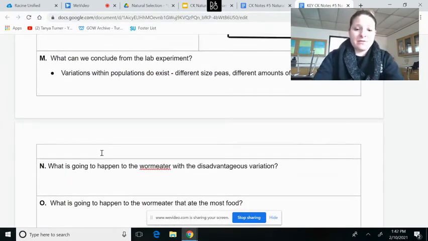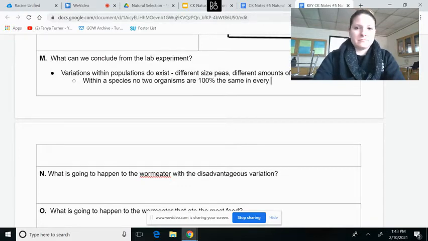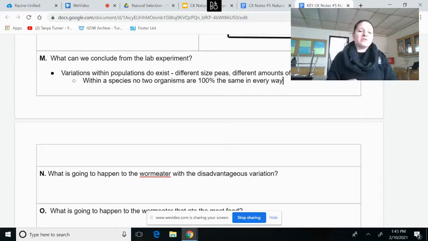And I'll just put underneath there that within a species, no two organisms are 100% the same in every way.